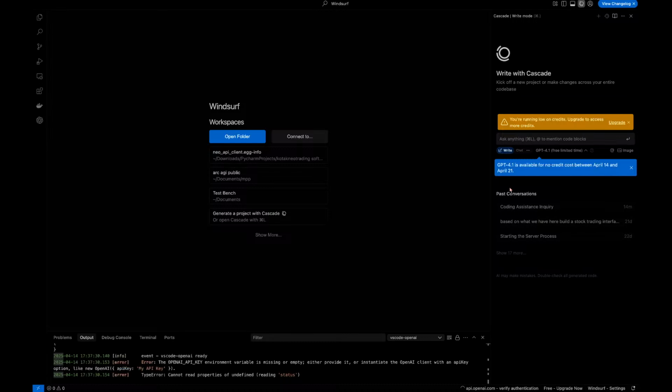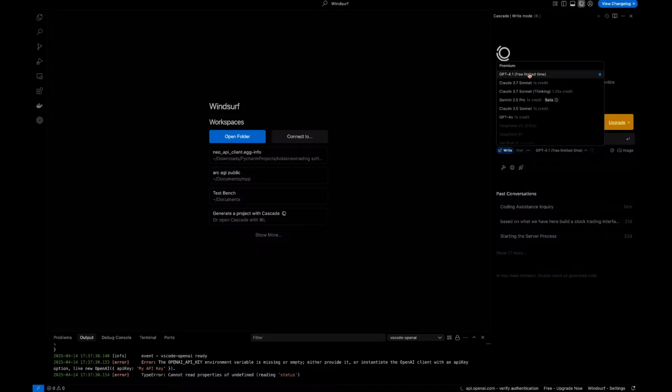So you can use it absolutely free. I don't have any subscription on Windsurf, but still it is available for free. It might be small, but it says GPT 4.1 free for limited time. So yeah, GPT 4.1 is free.